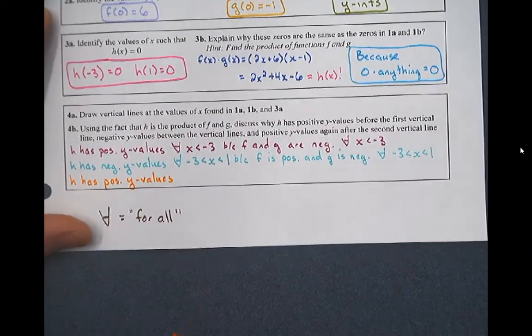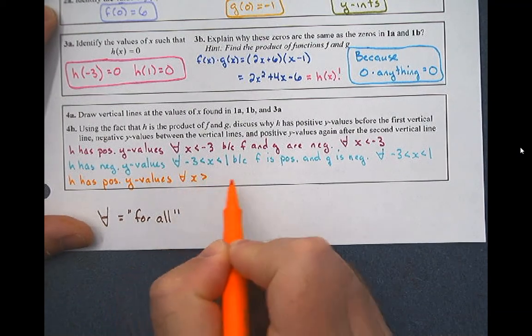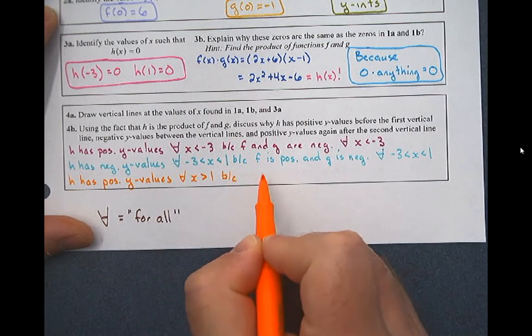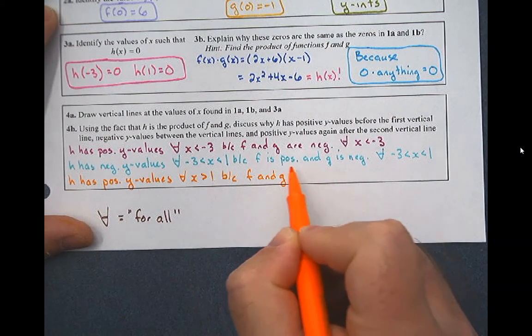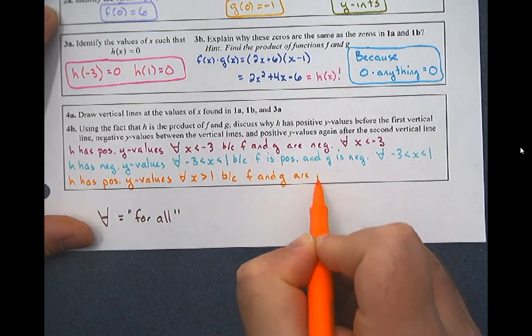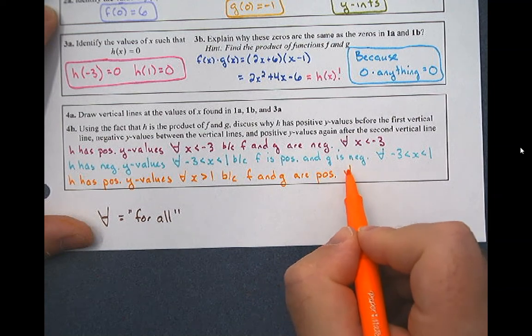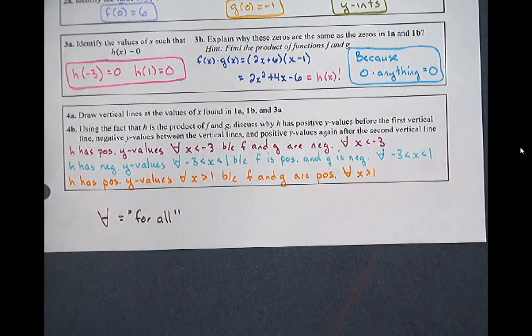H has positive y values for all x's that are greater than 1 because F and G are positive for all x greater than 1.